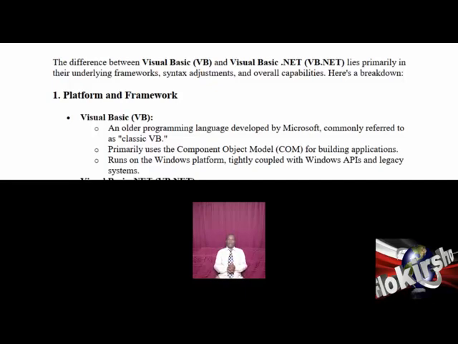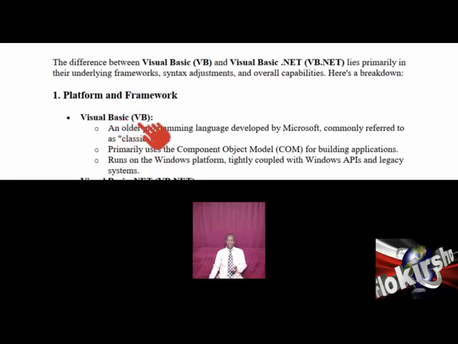The difference between Visual Basic and Visual Basic.NET lies primarily in their underlying frameworks, syntax adjustments, and overall capabilities. And here I'll try to give some breakdown. The first one is platform and framework.